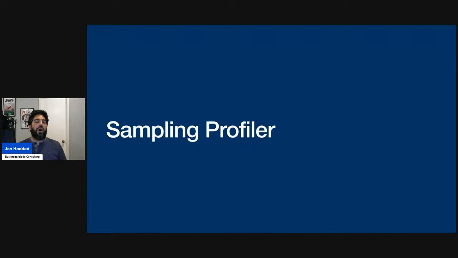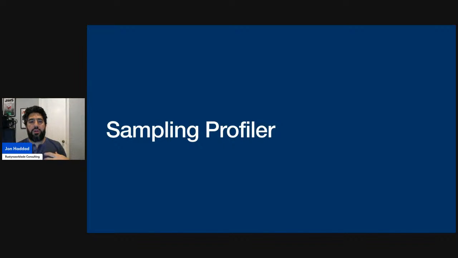A lot of the best profilers these days are sampling profilers. This is essentially a statistical method where we look occasionally, at some frequency, at what's going on in the running program.